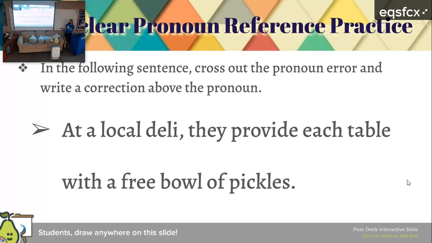Why can we not say they? Look in your notes, see if you can figure it out. Lathan, what do you think? Thank you, Lathan. We don't know who they is. We don't have an antecedent for they.